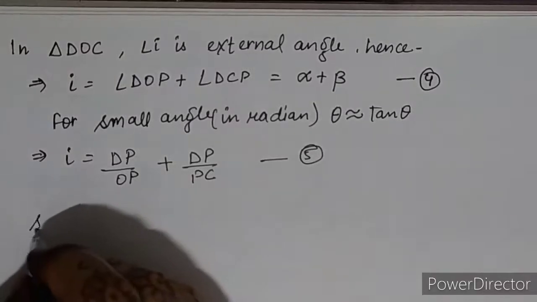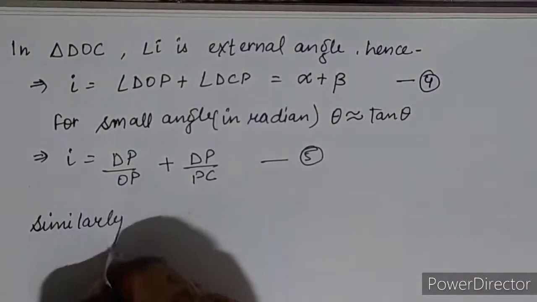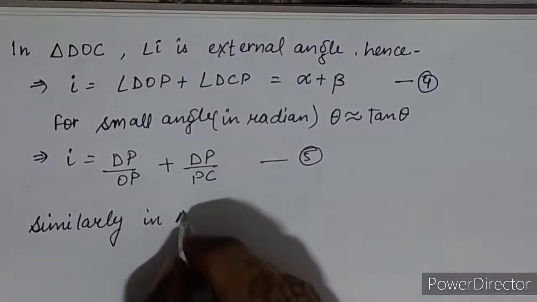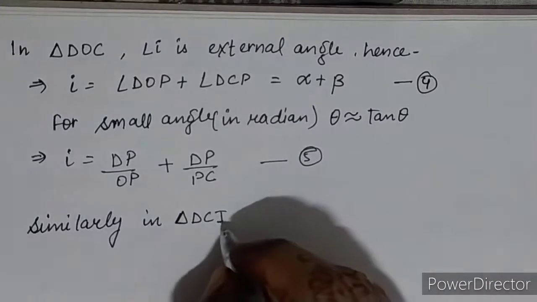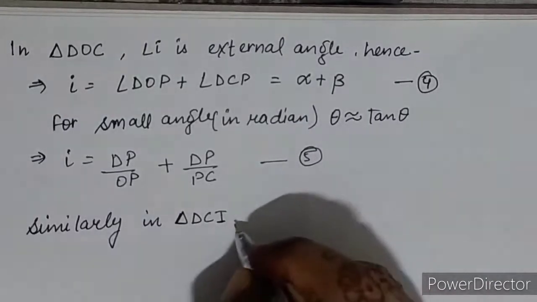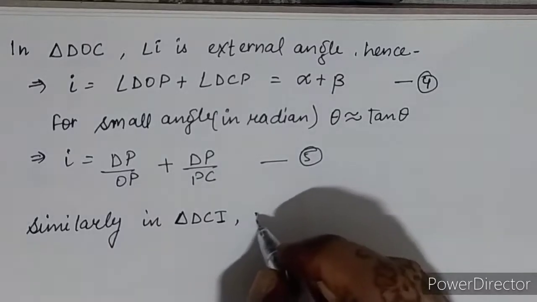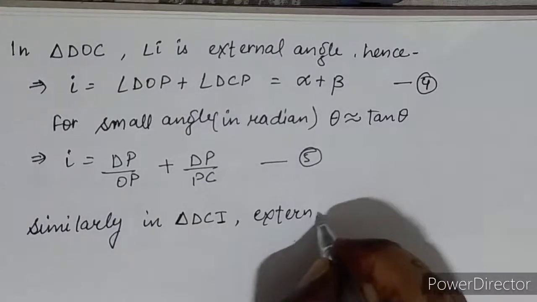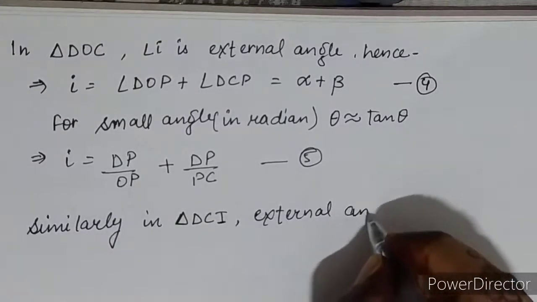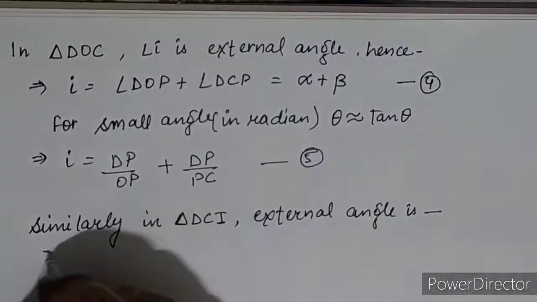Similarly, in triangle DCI, this triangle is on the image side, the external angle is beta.